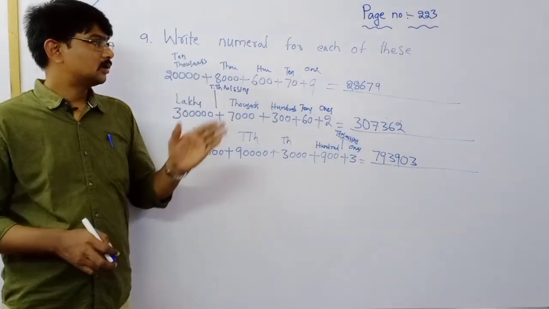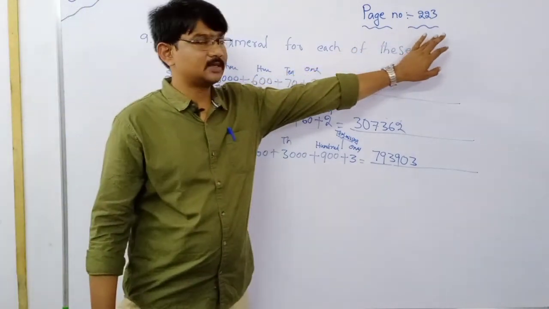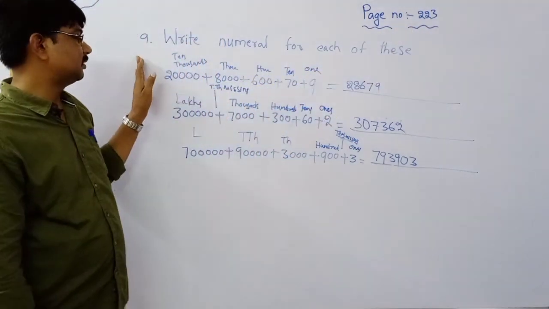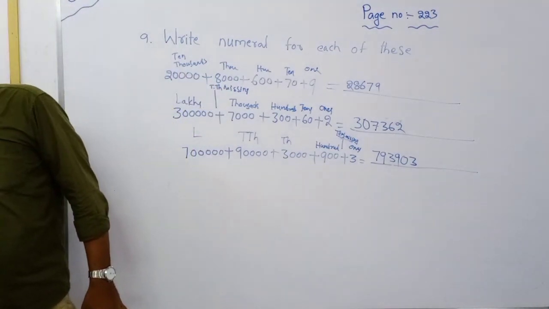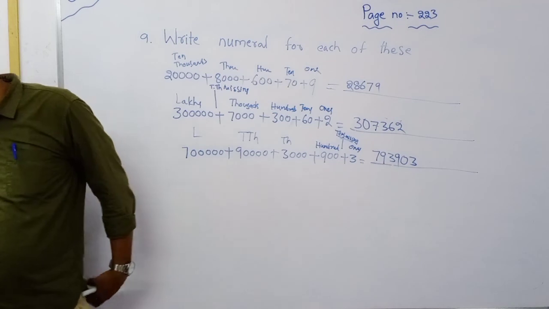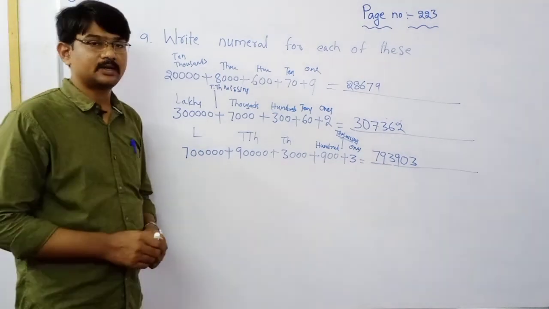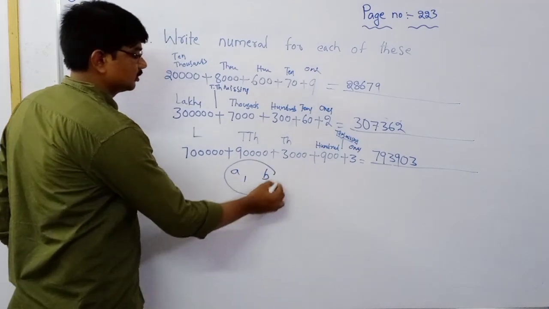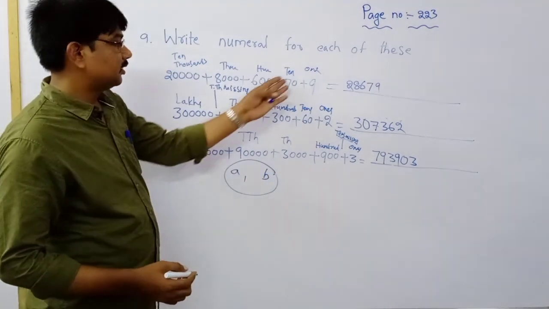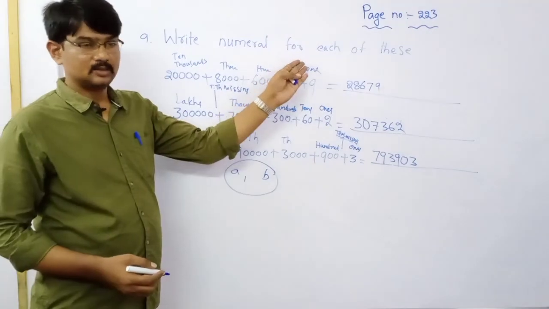Okay children, page number 223, question number 9. There are 2 problems given in your textbook, A and B. Already you understand the process, right?